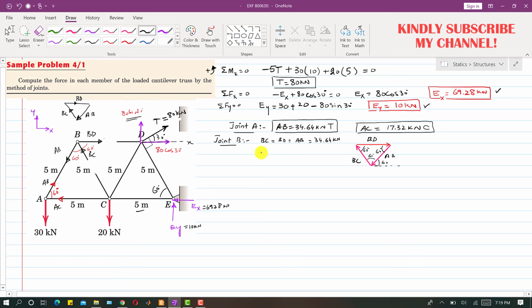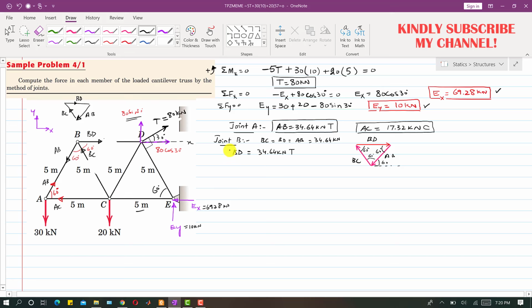Now we have to specify whether BD is tension or compression. The BD magnitude is 34.64 kilonewton, and from this direction we can say, since this force is away from the joint, that this is tension.